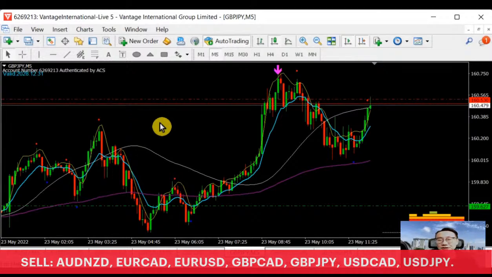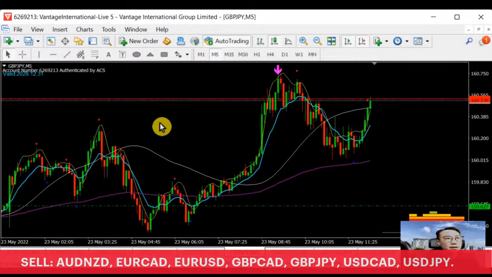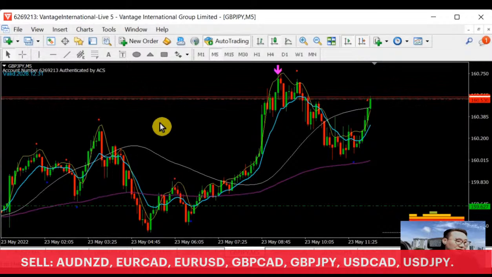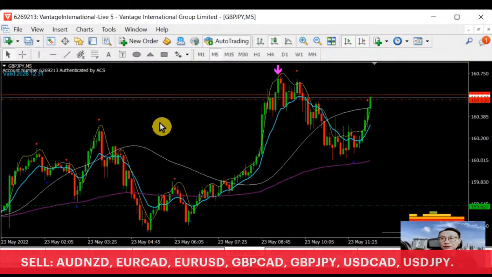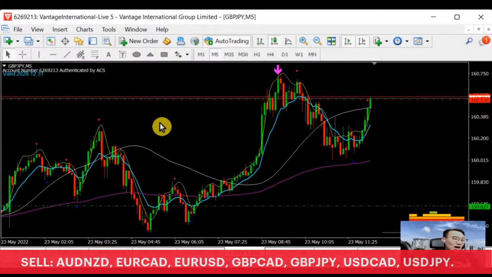The question here is that it doesn't mean that in the first half of the day, like now, we don't have a chance to enter a trade. It's because I'm waiting for a very good resistance to enter, to sell.